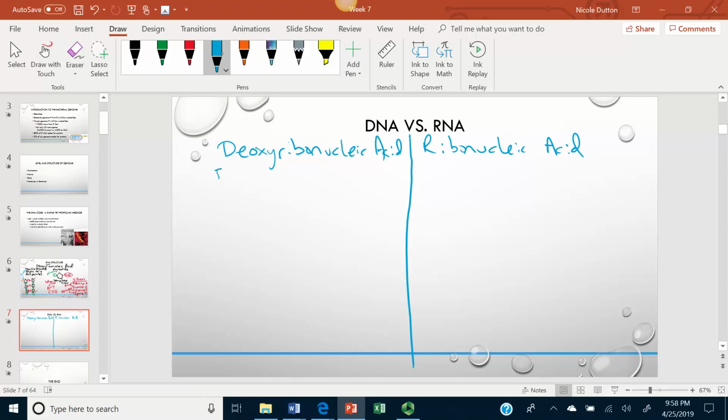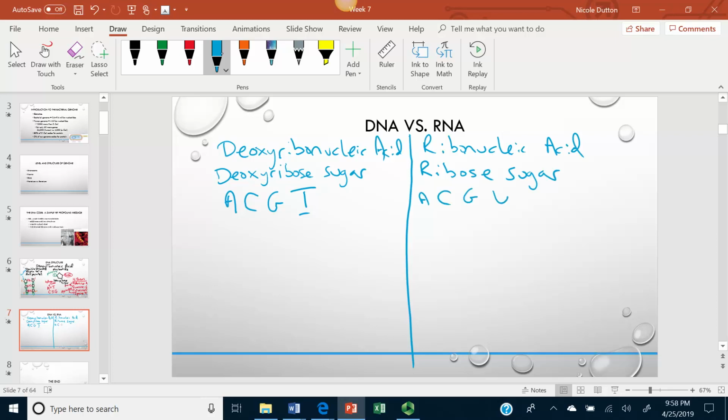So we have deoxyribose sugar, while RNA has ribose sugar. The bases are a little bit different. So in DNA we have A, C, G, and T. But in RNA we have A, C, G, and U for uracil.